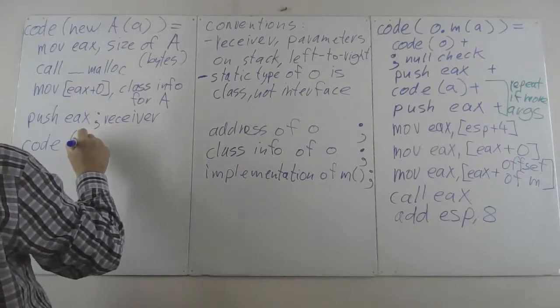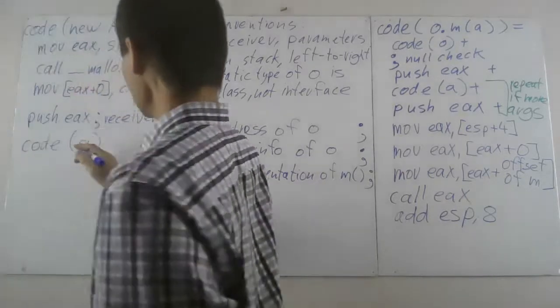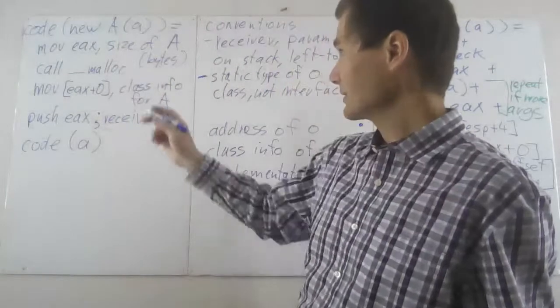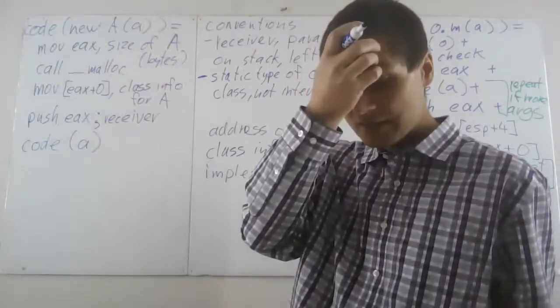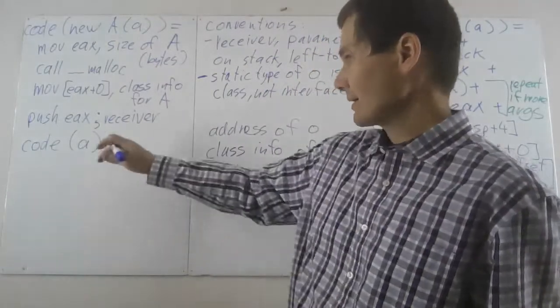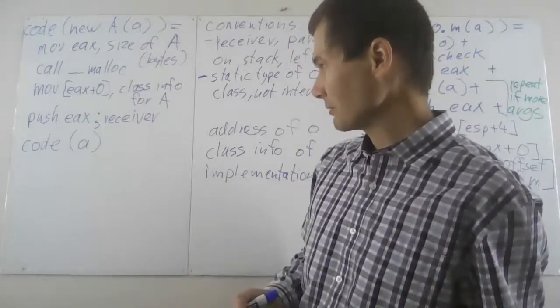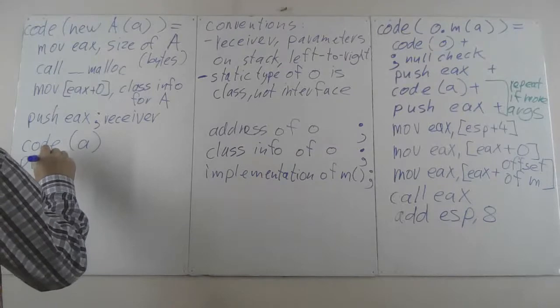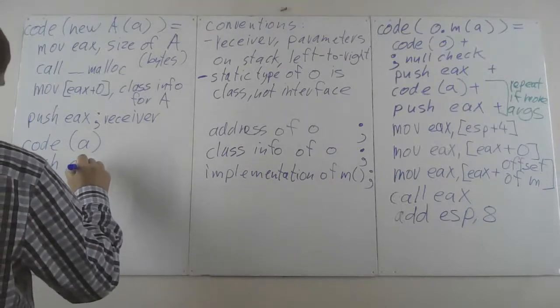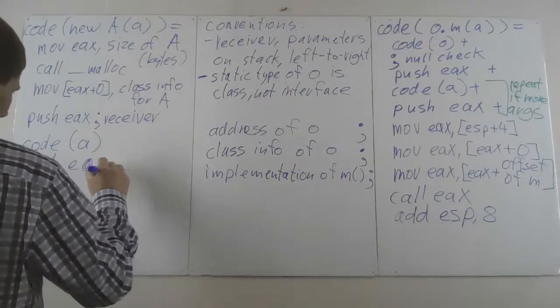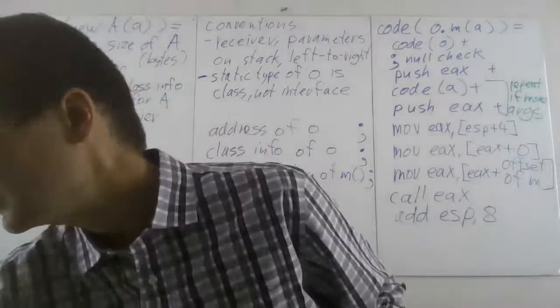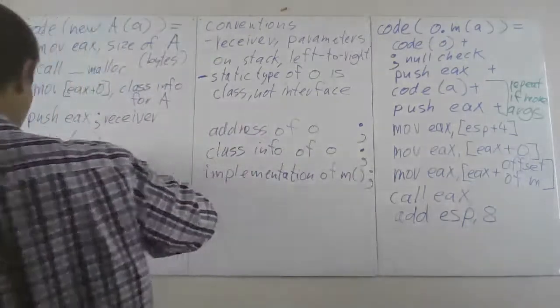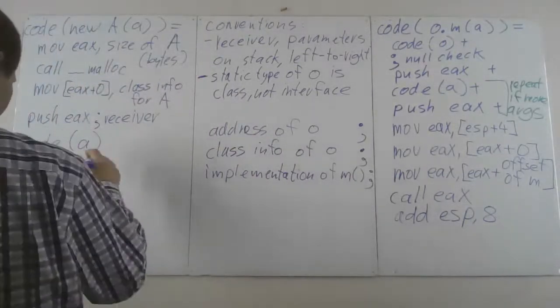So I'm going to say code of A to evaluate that, in this case, the one argument A, get its value in EAX, and I'm going to push that onto the stack as well. Push EAX. Okay.